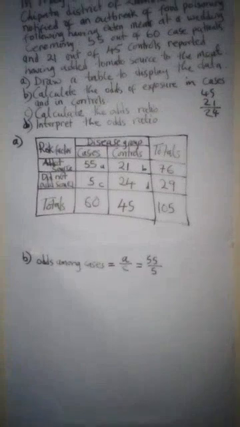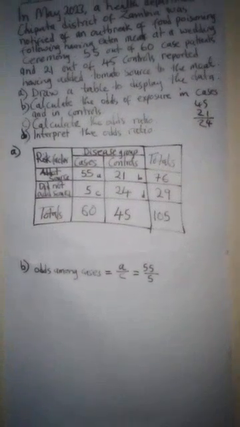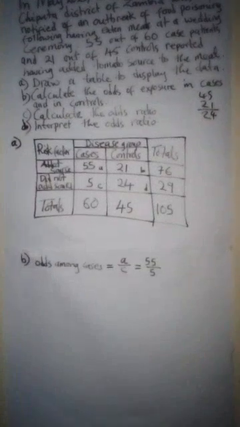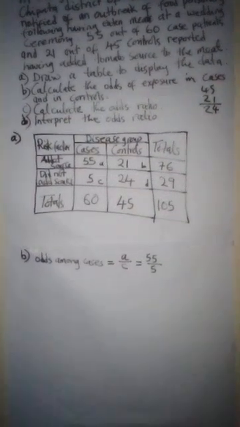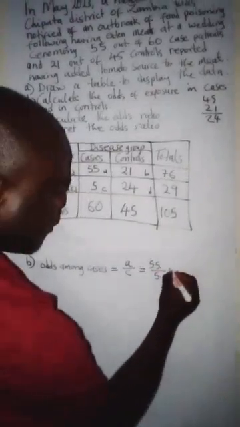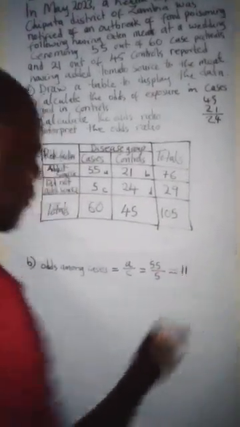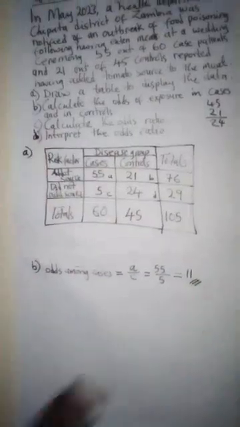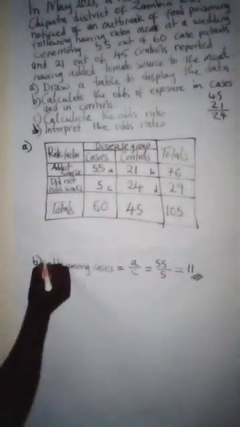Calculating 55 divided by 5 gives me 11. That is our answer. That was part 1 of B.